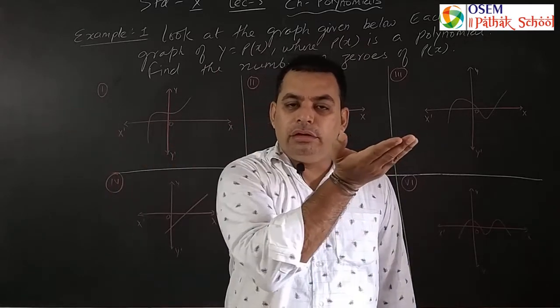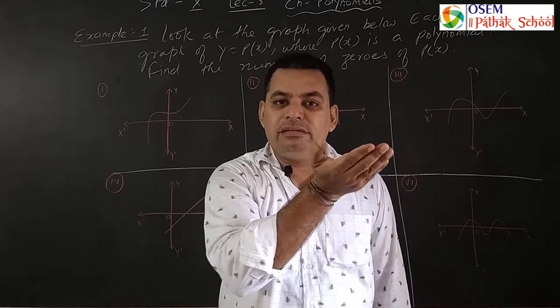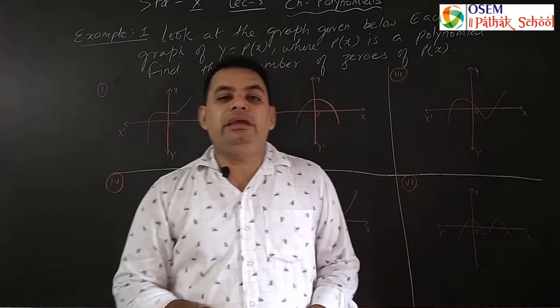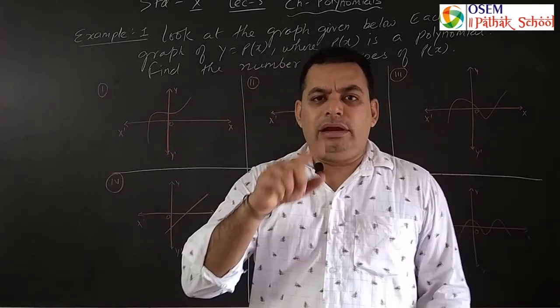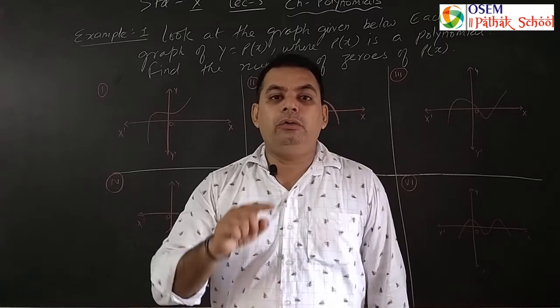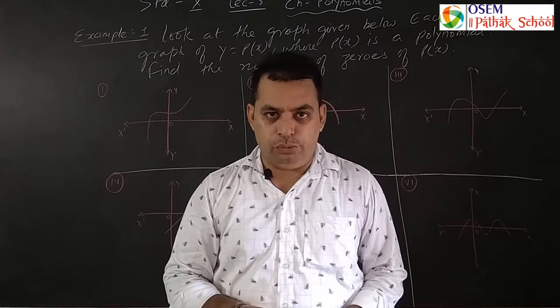The horizontal line is known as the x-axis and the vertical line is known as the y-axis. You will be given a curve, and according to that curve, how many times it touches the x-axis will be the number of zeros.